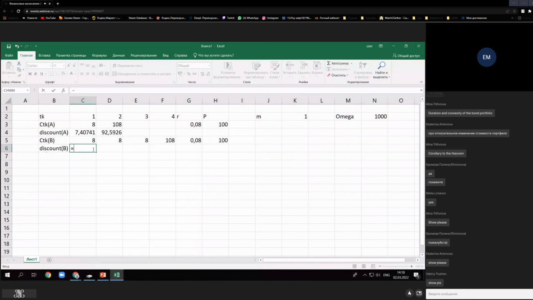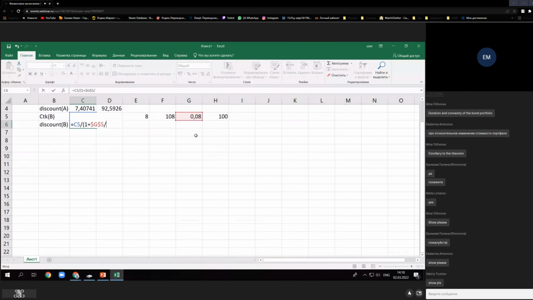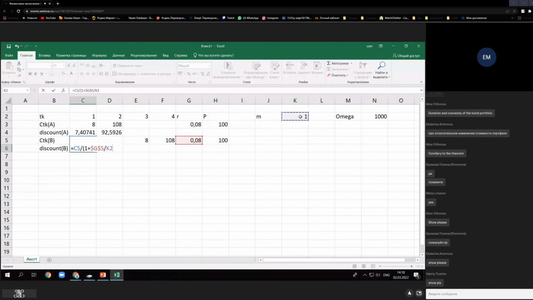It will be absolutely the same situation for the second bond. The payment divided by 1 plus rate, which is the same, divided by m, and the degree is equal to the time or period times m, like this.